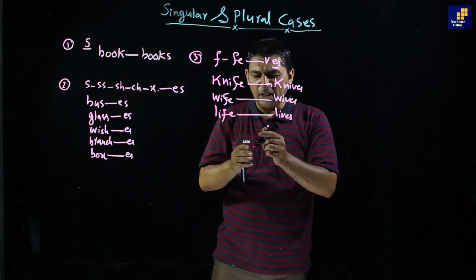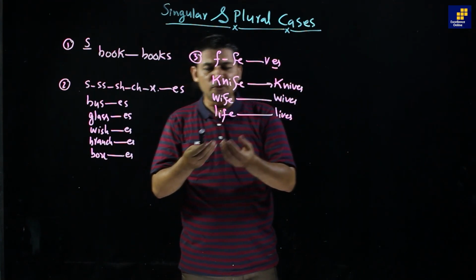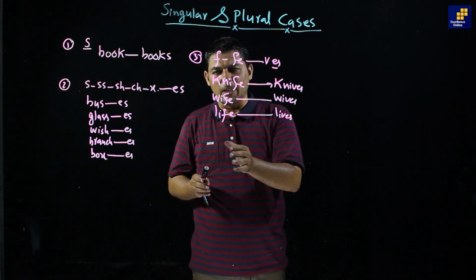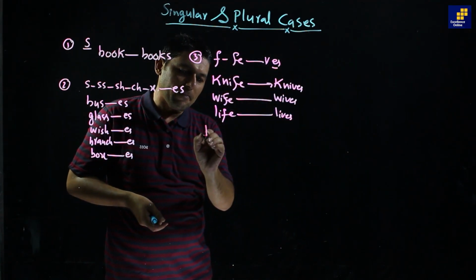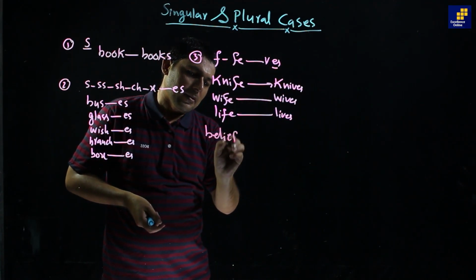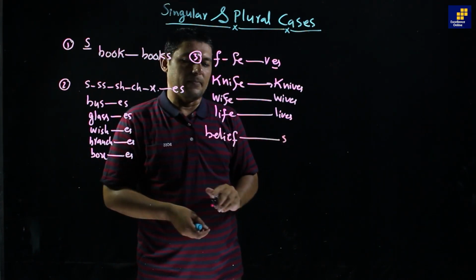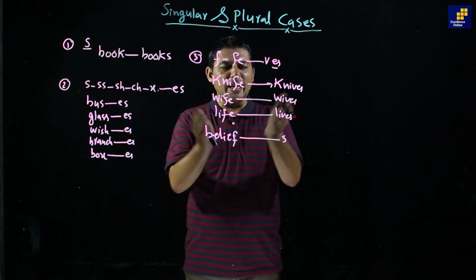Beside these rules, in grammar we do not have reasons or logic. We have certain points in which we have exception cases. We will not apply the rule, they are exceptions. Example is belief, then by adding only s. We will not remove f or fe, right? We will add only s.